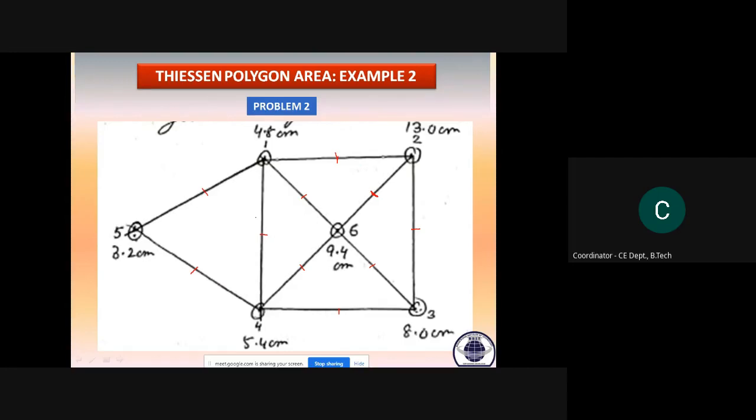So how we will join? We have joined. Draw it by scale, then it will look better. So it will look like this.